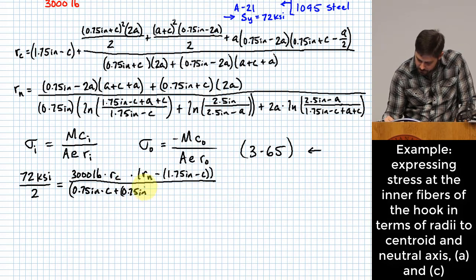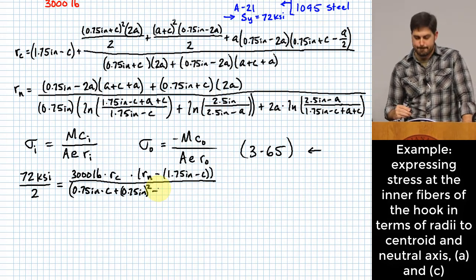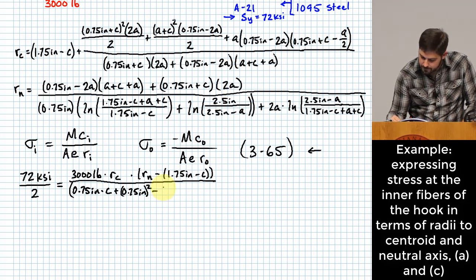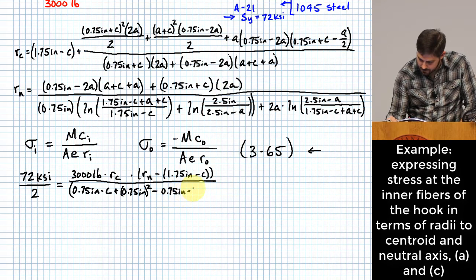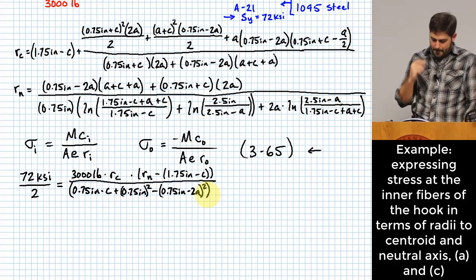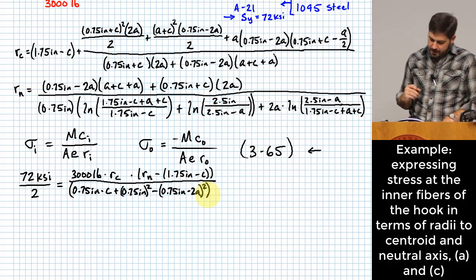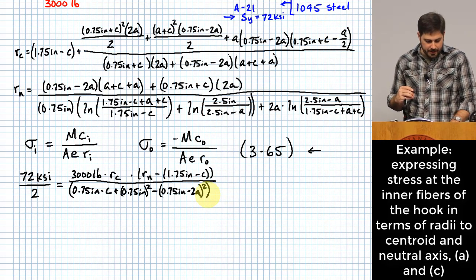So I'll take that and square it and subtract from that what? Yep, 0.75 inches minus 2a, squared. Okay, and that's the value of the area.